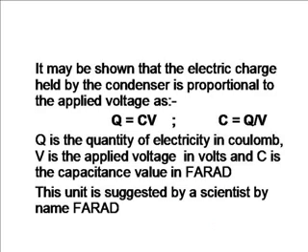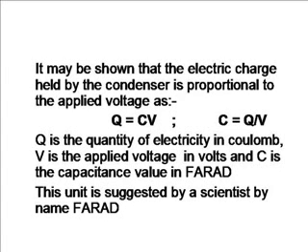It may be shown that the electric charge held by the condenser is proportional to the applied voltage: Q = CV, or C = Q/V, where Q is the quantity of electricity in coulombs, V is the applied voltage in volts, and C is the capacitance value in farads.